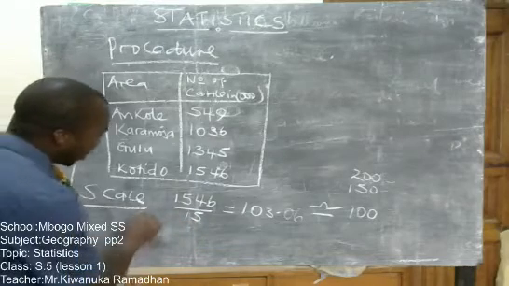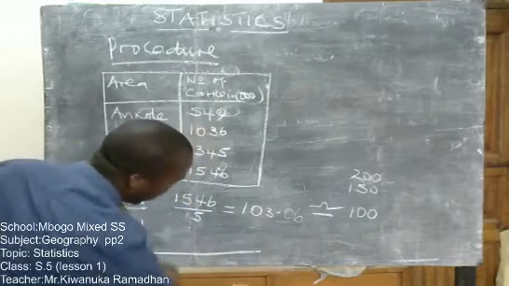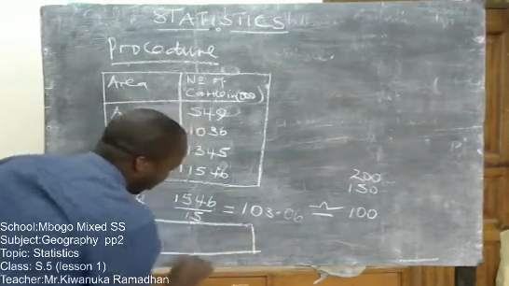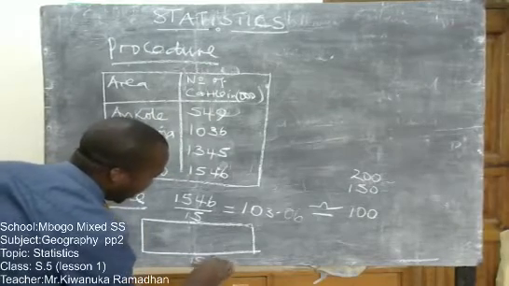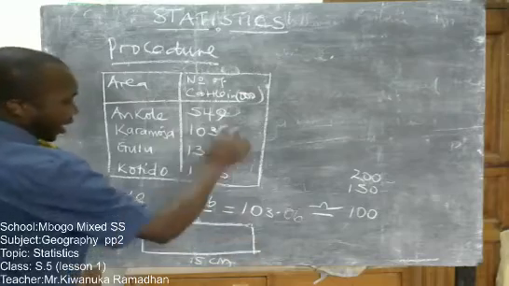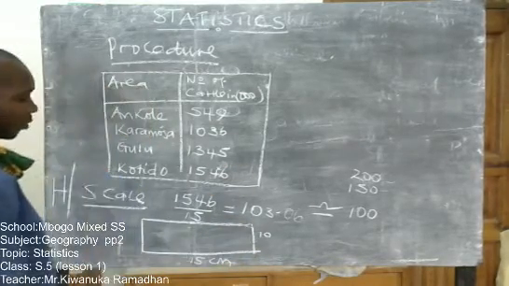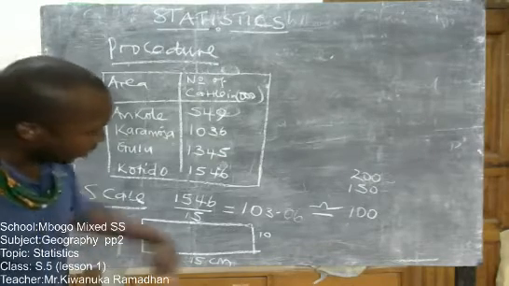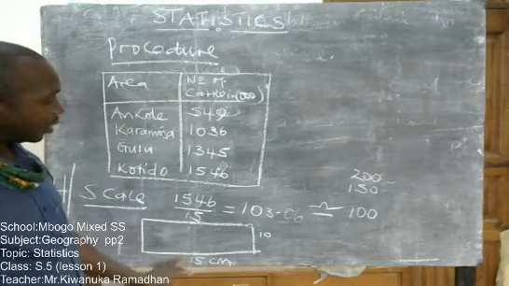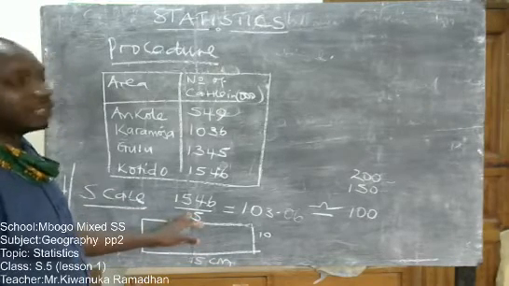Because our rectangle that we are going to draw, the horizontal, is going to be around 15 centimeters. Then the vertical, here, we are going to strictly use 10 centimeters, but the horizontal, we want to use 15 centimeters. That is why we have divided by 15 here.